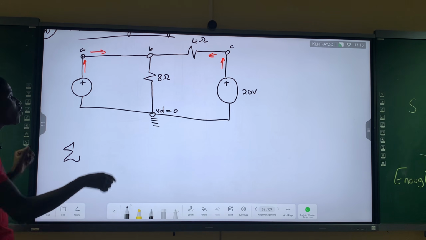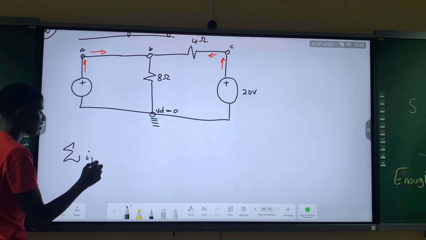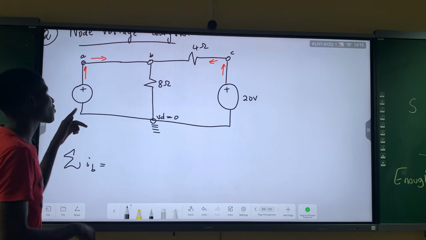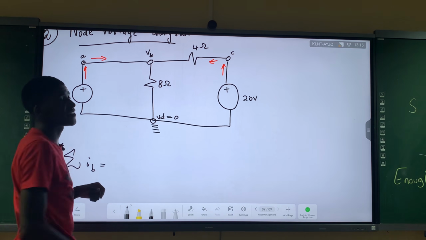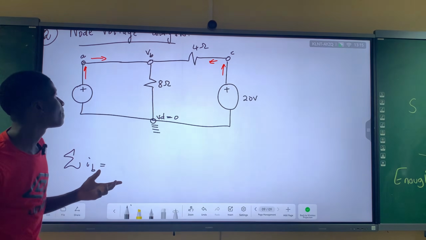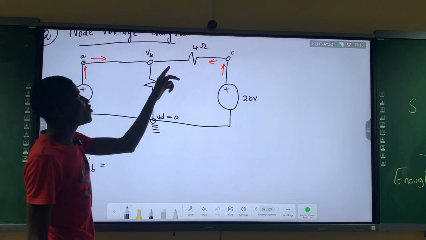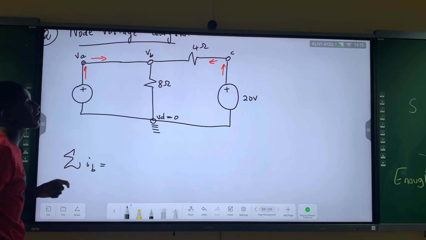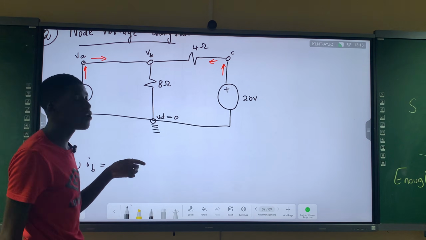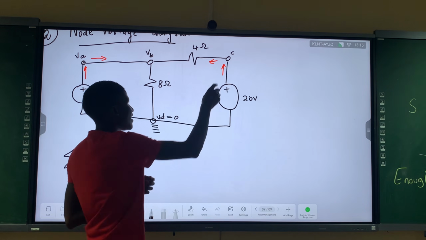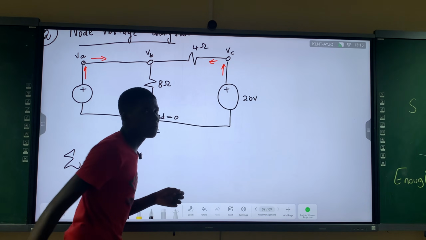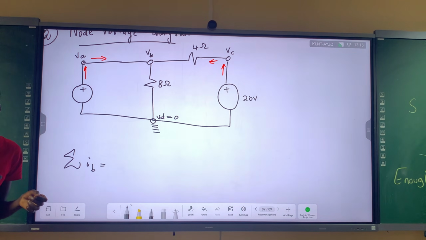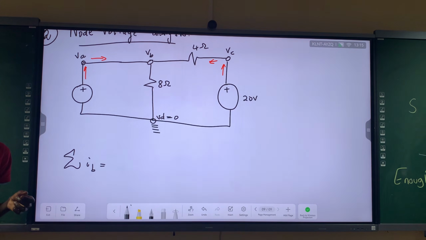The only node that is valid is node B. Node B has a certain potential difference, so we call it VB. And then node A, the potential at that point, we're going to call VA. Then C, we're going to call VC. Node voltage. We are looking at the voltage on that particular node, right?